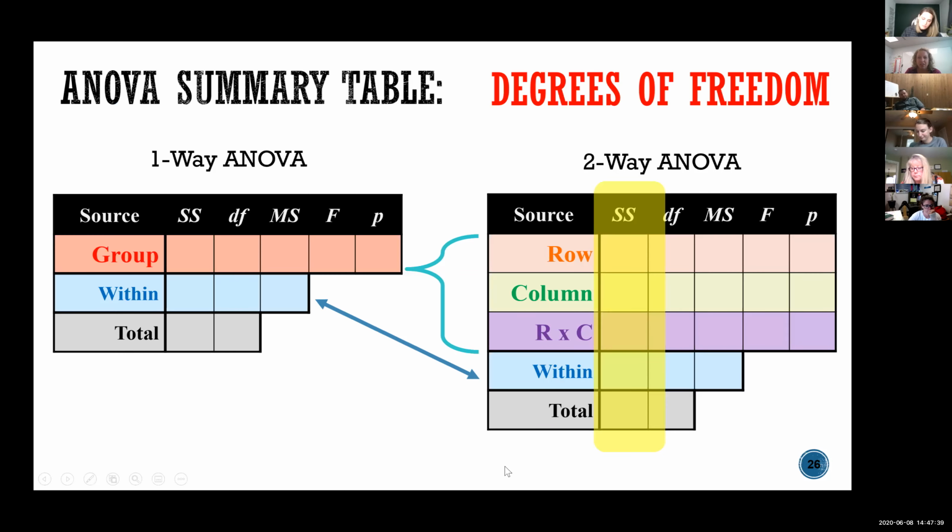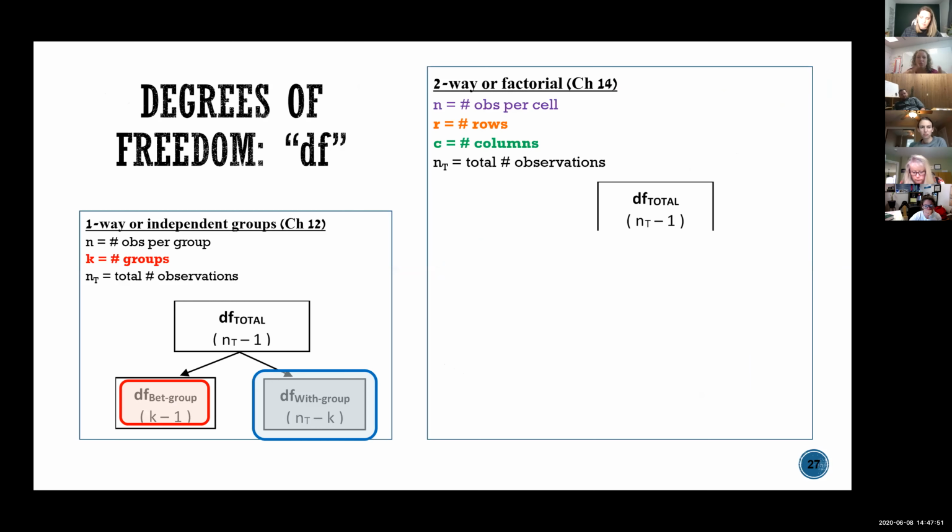Okay. So let's go to degrees of freedom. We talked about the sum of squares. There are beautiful mathematical formulas that we don't really want to do by hand much, but they exist. The degrees of freedom by-hand formulas are not so bad. On the formula sheet that I put together for you, there are these degrees of freedom trees. The one that's uncovered here is the one-way ANOVA.